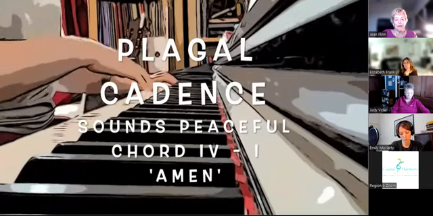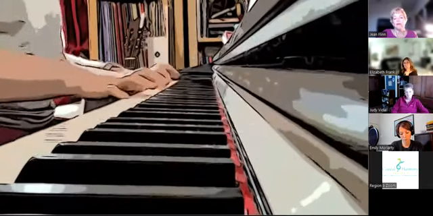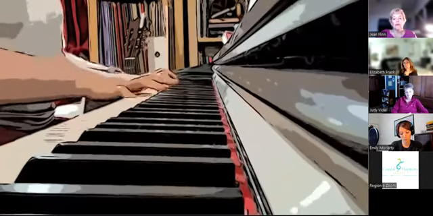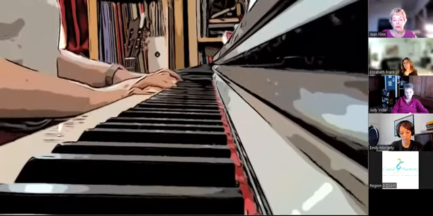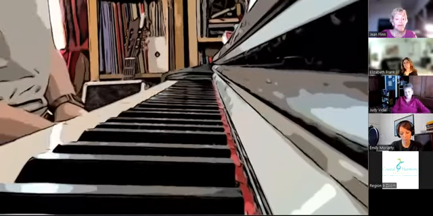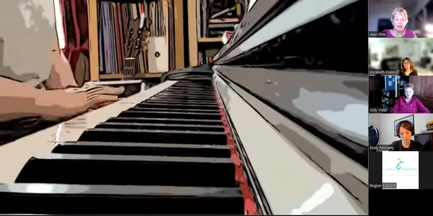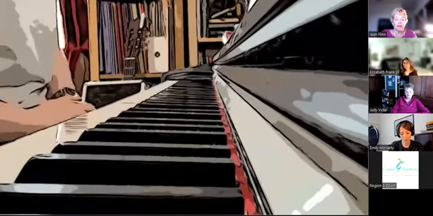Let's end our phrase of Twinkle Twinkle Little Star with a plagal cadence this time. It does sound complete, but it changes the feeling slightly. It's a bit more peaceful and a bit calmer rather than the kind of triumphant perfect cadence.